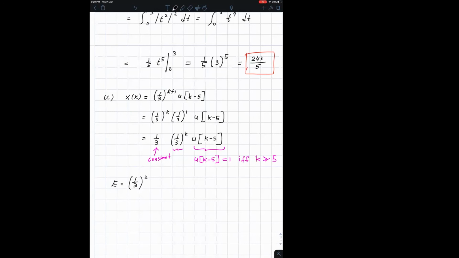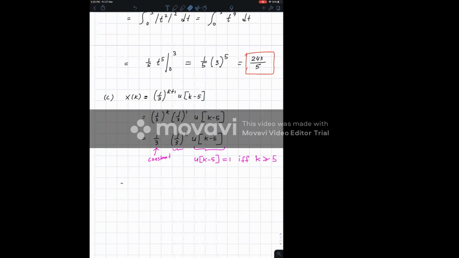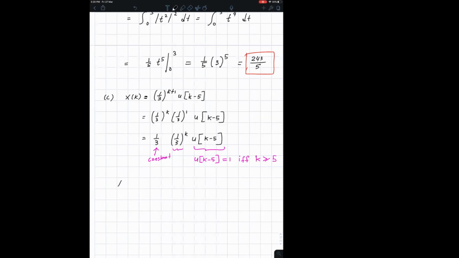Okay, let me go to the basic definition of energy. Energy formula for a digital signal.